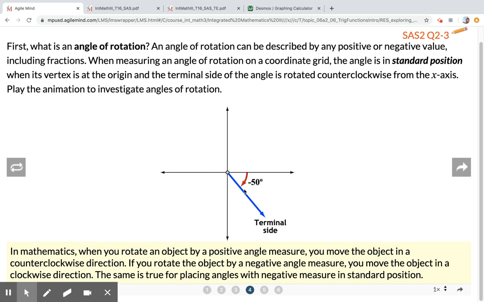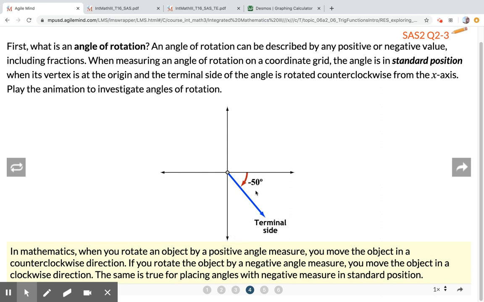But if I go clockwise, it's the wrong way, so to speak. So that means my angle of rotation becomes negative. So this means my angle just became negative 50 degrees. So if you see a negative angle measure on your angle of rotation, you just went clockwise instead of counterclockwise.